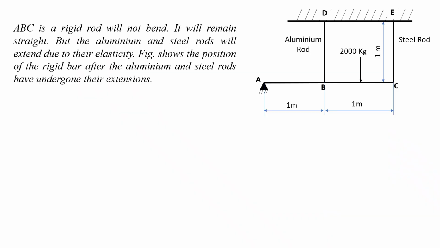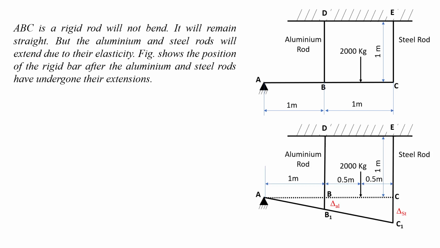Here ABC is a rigid bar, it will not be bent and will remain straight only, but the aluminium and steel rods will extend due to their elasticity. The figure shows the position of the rigid bar after the aluminium and steel rods have undergone their extension.